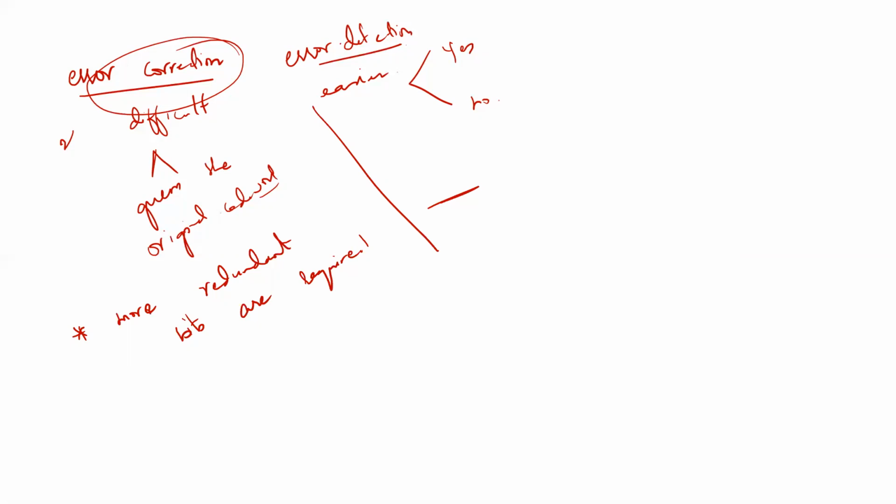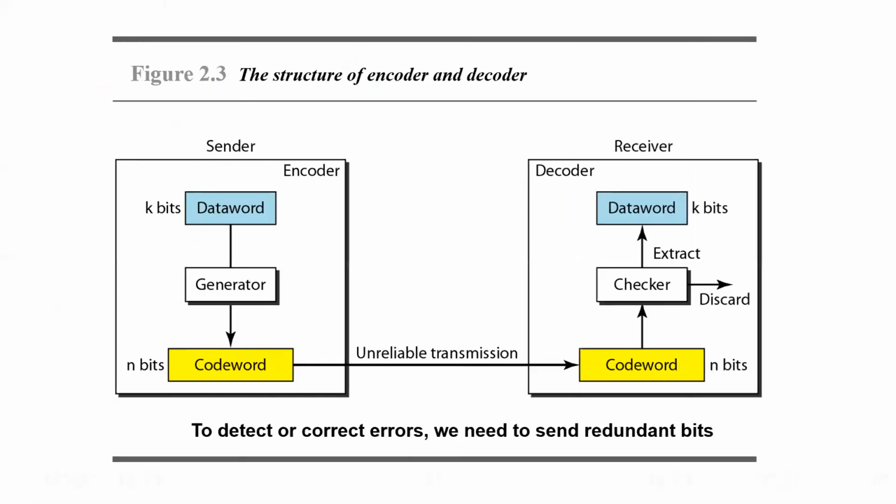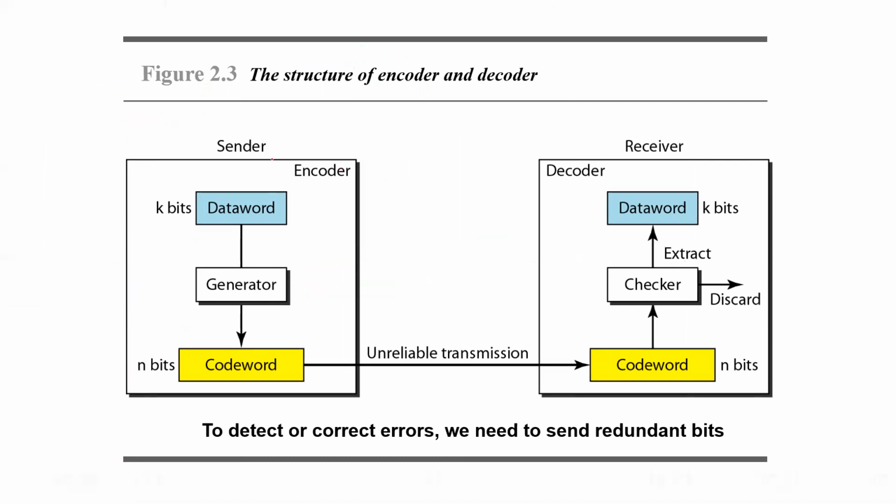Now, here in the same diagram, the sender is encoding. A k-bit data word is generated, it is added by the generator, and the code word is then generated and sent through an unreliable transmission. That is, we are saying that an error will occur.